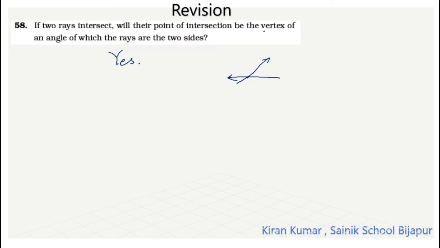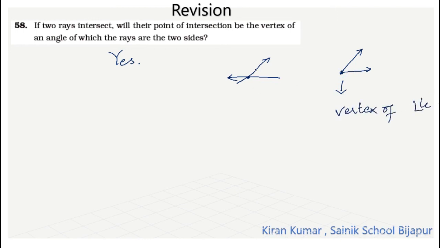The point of intersection is the vertex of the angle. This is one possibility. Another possibility is these two rays are intersected at a point. So the point is the vertex of angle.